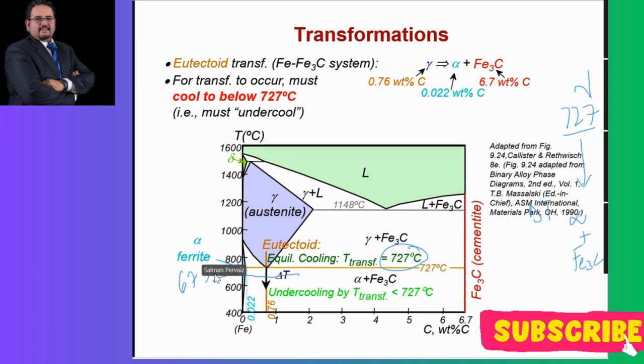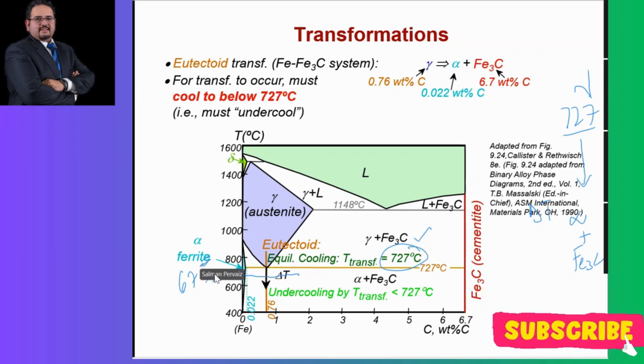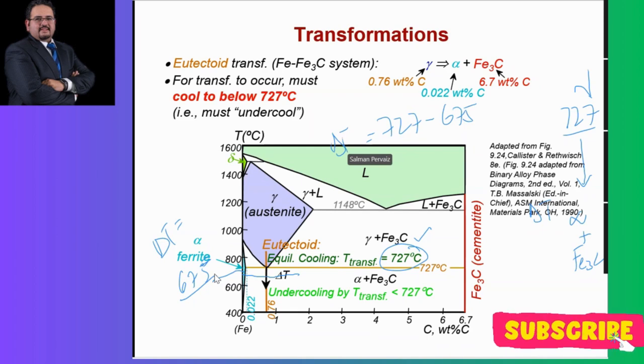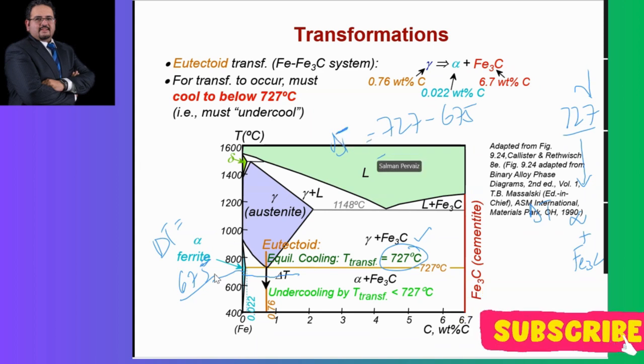So how much would be delta T in this case? If it is going to cool down from 727 and I am going to stop at 675, how much is delta T? 727 minus 675. What would be delta T, guys, in this case? 52? 52, Professor. Right? In this case, 52 is the temperature difference.